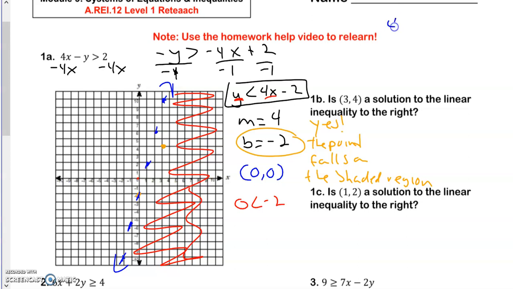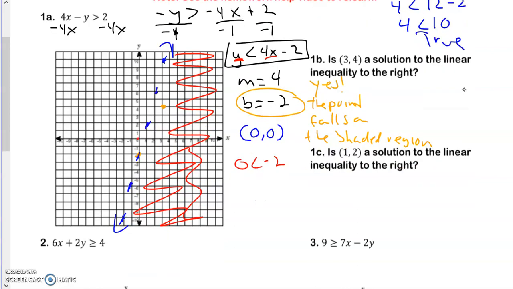I'm going to go 4 is less than 4 times 3 minus 2. So 4 is less than 12 minus 2, and 4 is less than 10. And that is a true statement. So that is also a reason why I'm going to be shading that side.